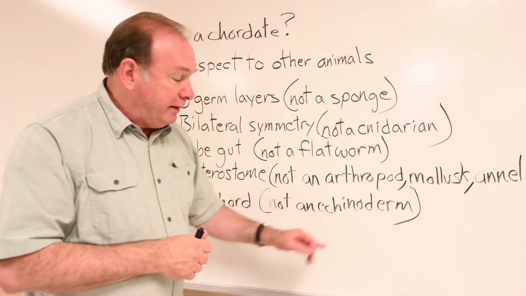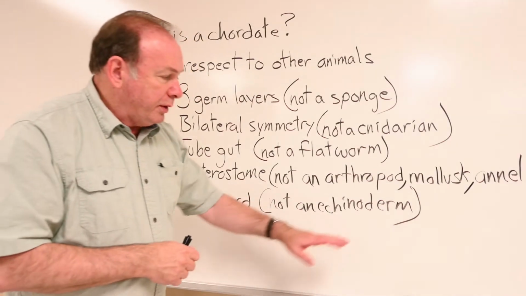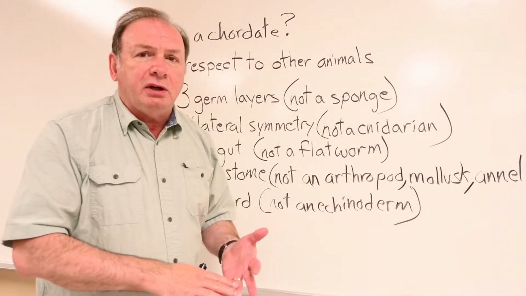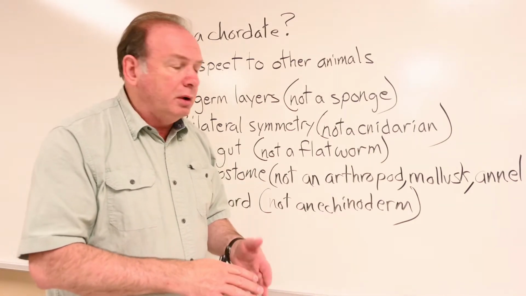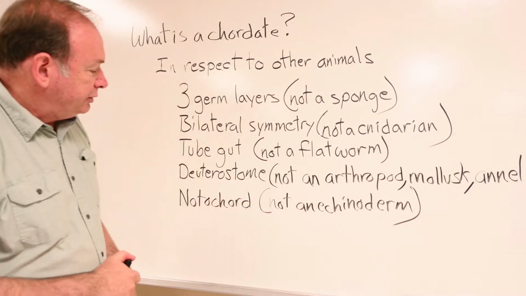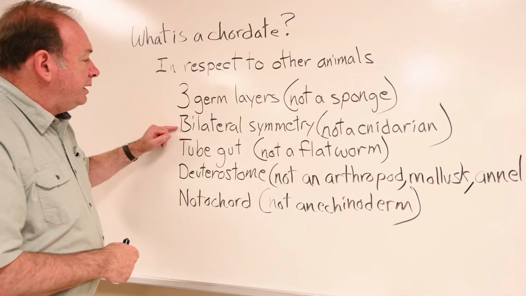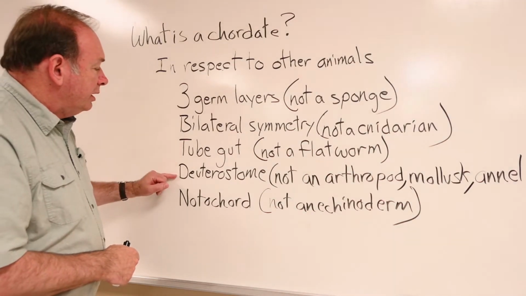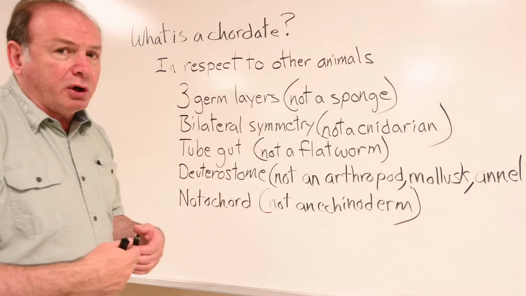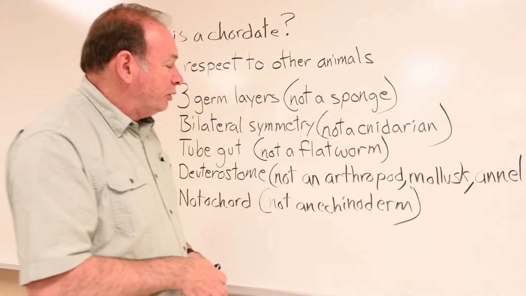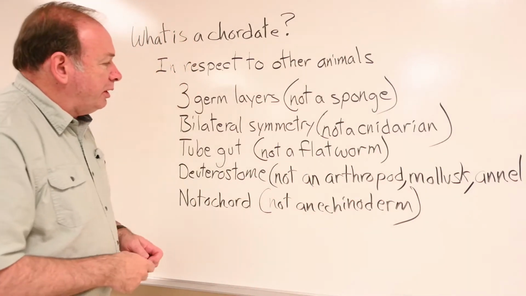But they do not have a notochord. Those echinoderms include things like starfish, sea urchins, and sea cucumbers. So these features, 3 germ layers, bilateral symmetry, tube gut, deuterostome, notochord, are all features of chordates that help separate us from these other animal groups as we move through the chart here.